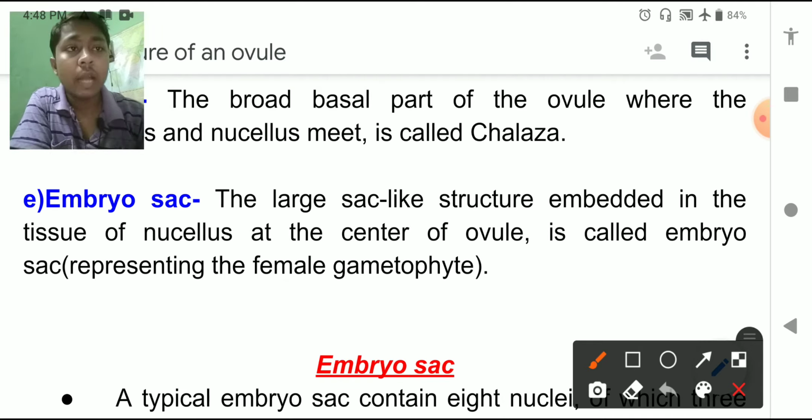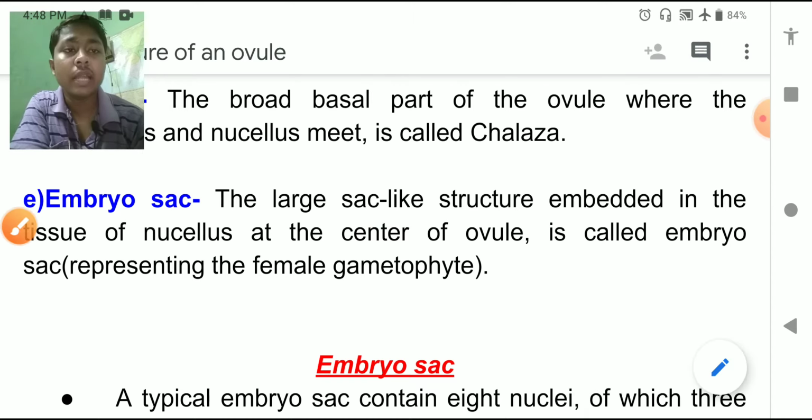Before that, we read the statement: the large sac-like structure embedded in the tissue of the nucellus at the center of the ovule is called the embryo sac.